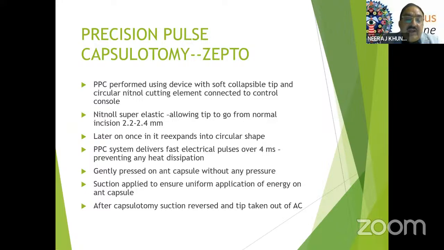Later on, once it is in, it re-expands into a circular shape. The PPC system delivers fast electrical pulses over 4 milliseconds, preventing any dissipation. It is gently pressed on the anterior capsule without any pressure. Suction is applied to ensure uniform application of energy on the anterior capsule. And after capsulotomy, suction is reversed and the tip taken out of the AC.